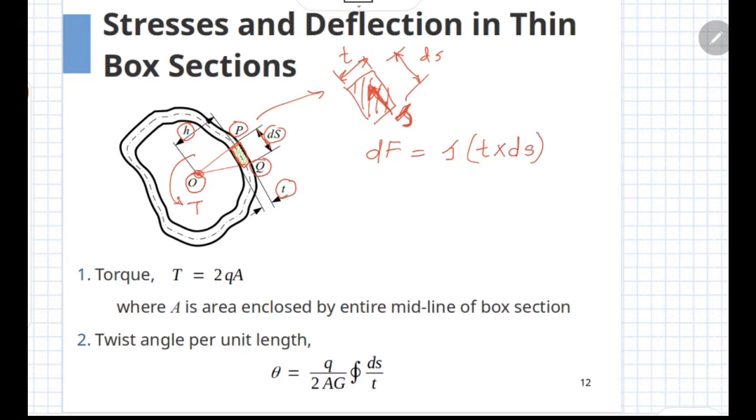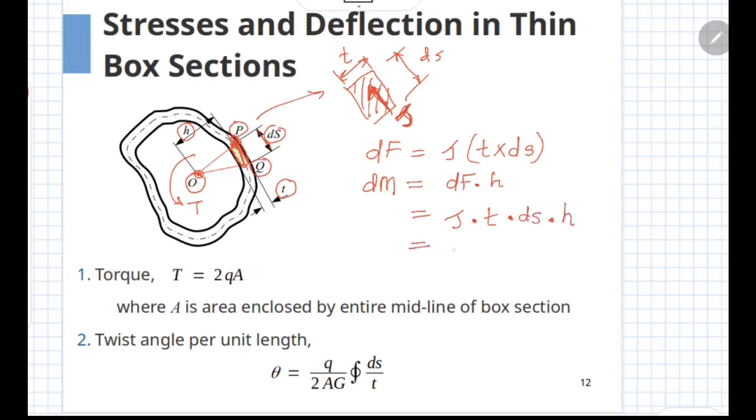Now this force is going to cause a moment about the origin O. So the contribution of this force towards the moment, dM, would be given as dF multiplied by the distance h. So this would be tau multiplied by t multiplied by ds multiplied by h.